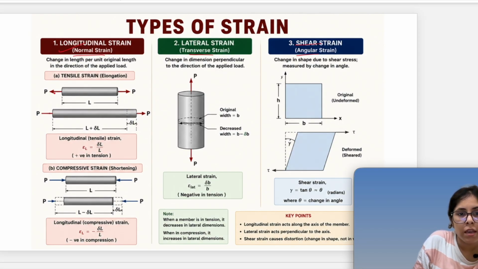See, the body is having this kind of force. After some time, from its original length, the length will increase.